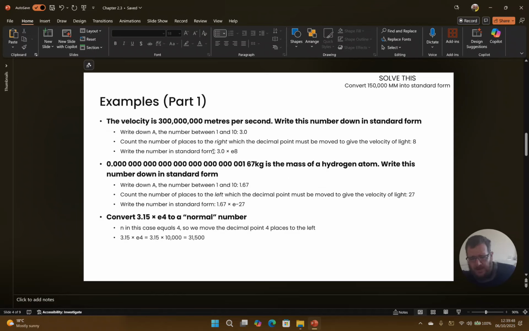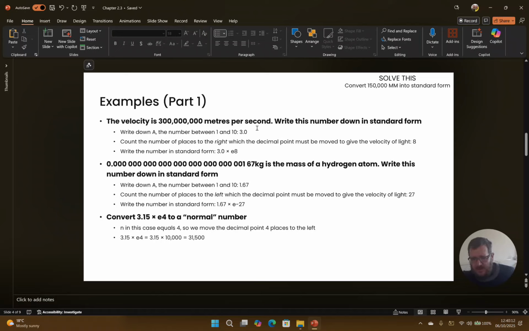Here are a couple of examples, a couple of parts that make up these examples, which you can feel free to take a look at. I'll give you a few moments to have a look at that.